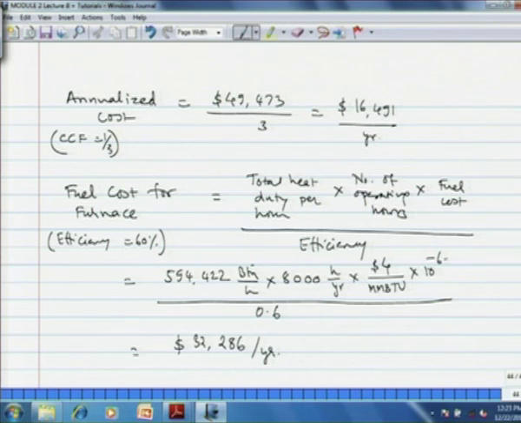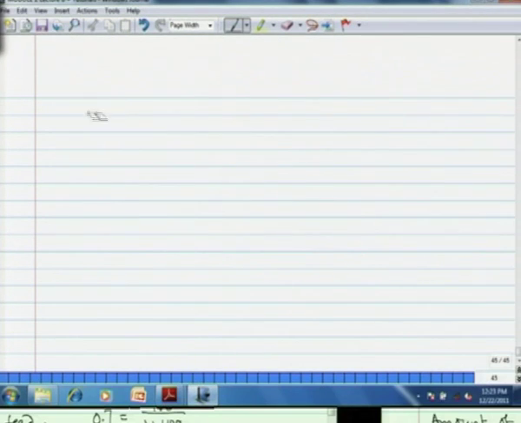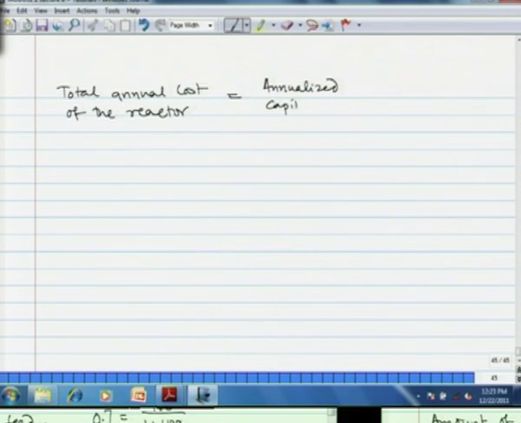Therefore, the total annual cost for the reactor is equal to the annualized capital cost plus the annual fuel cost, and those numbers we already have, we just substitute.